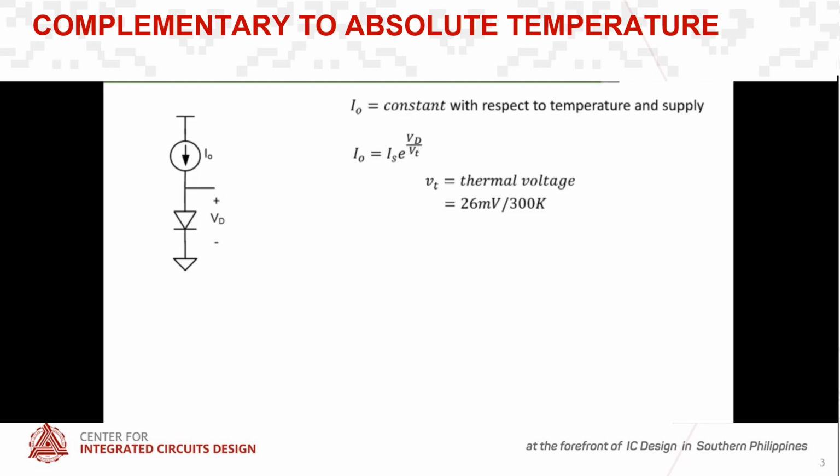VD is the voltage across the diode, and IS is the reverse saturation current of the diode.